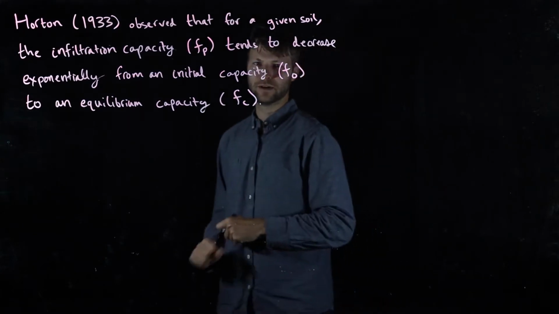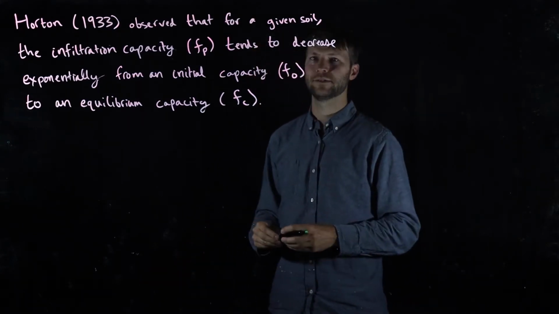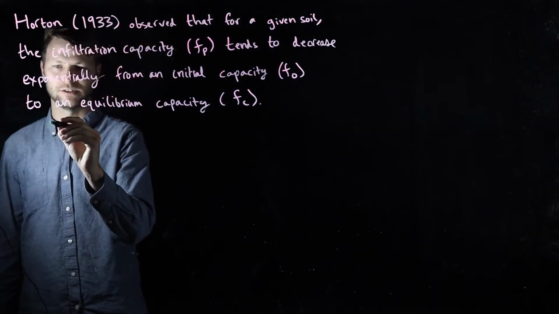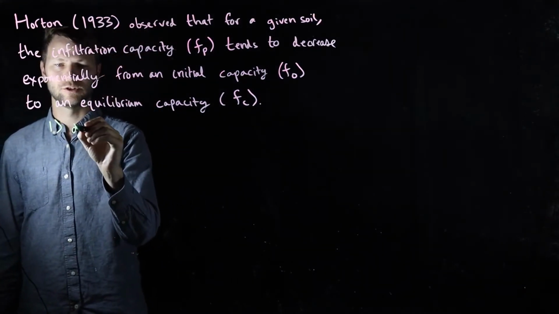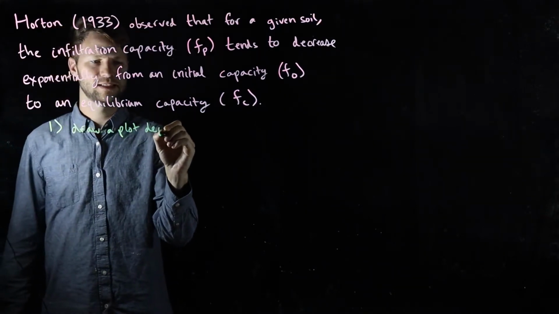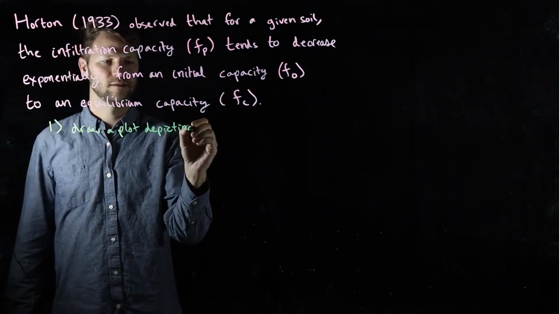And so if you're watching at home, I'm going to give you a few tasks and then ask you to pause the video and do these on your own. One, I want you to draw a plot depicting what is said in words here.